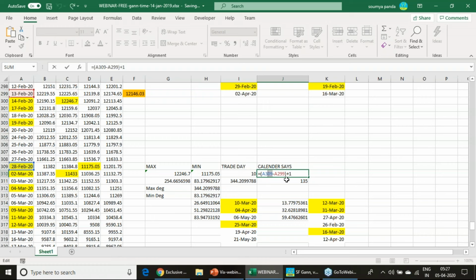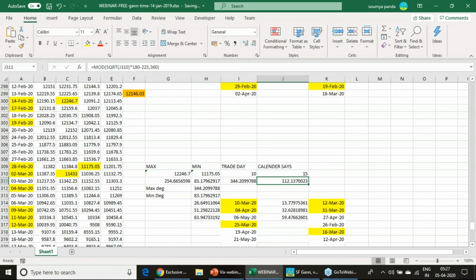Here 299, so 300. So this was a small correction. Instead of the high formation day I had taken the opening price, so there was a difference. For that, the entire calculation has now changed.